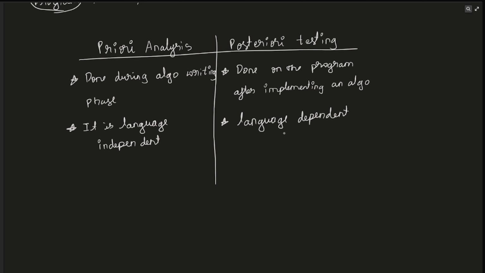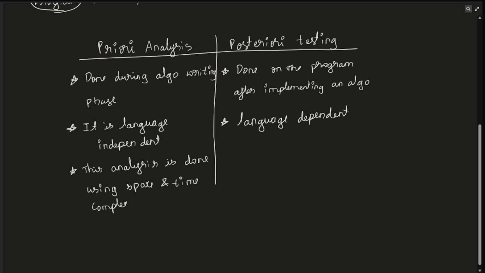Because we can't write some part of an algorithm in Python and the other part of the algorithm in Java, right? Priori analysis is done using the space and time complexity of an algorithm, which we will be doing for all the algorithms in this playlist, whereas posteriori testing is done based on how much time a program is taking and the memory it consumes.